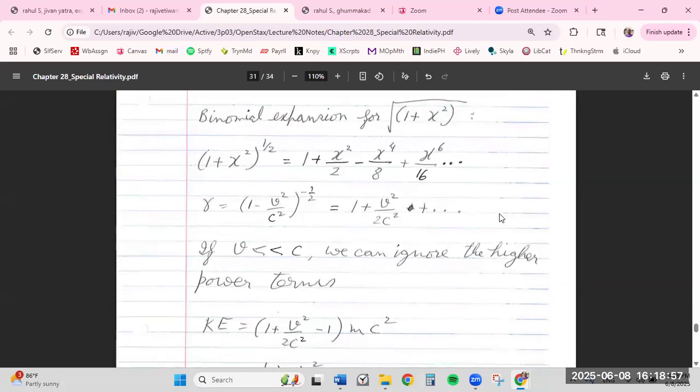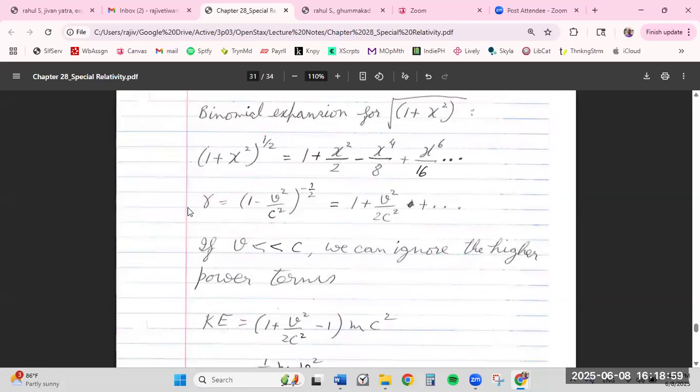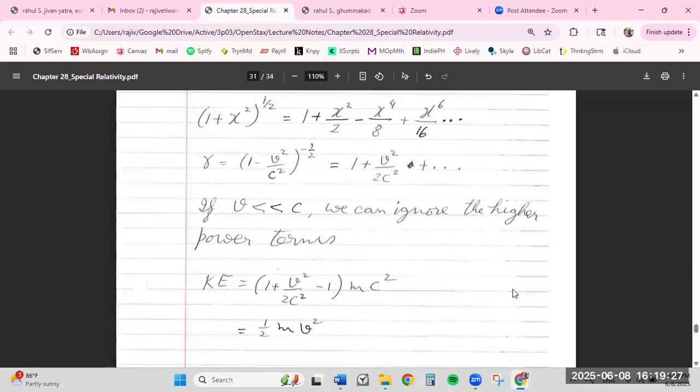So if we use this binomial expansion for gamma, which is 1 over square root of 1 minus v squared over c squared, or 1 minus v squared over c squared raised to negative 1/2, then that gamma becomes 1 plus v squared over 2c squared, and then v to the 4th over c to the 4th, etc. However, if v is much less than c, then we can ignore the higher power terms.